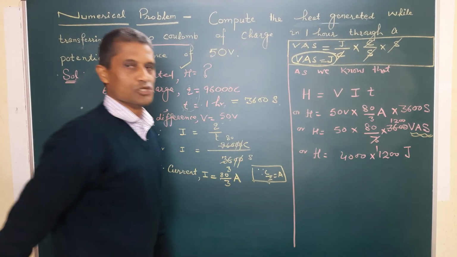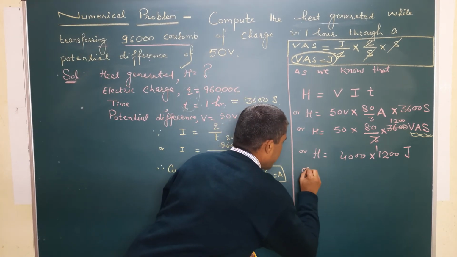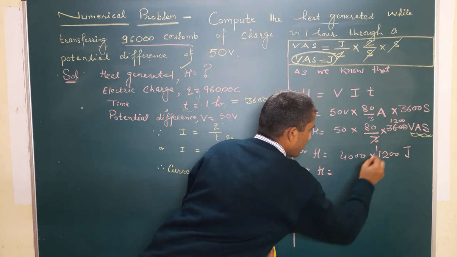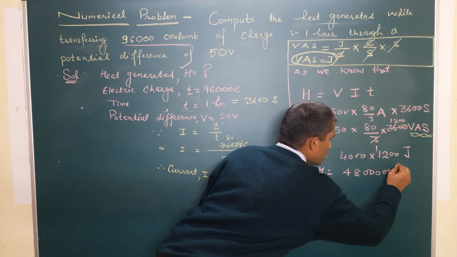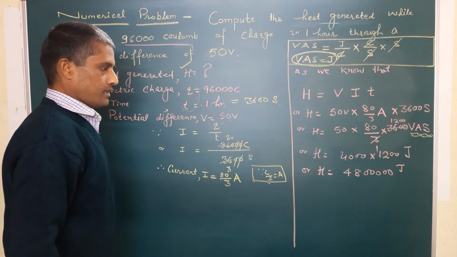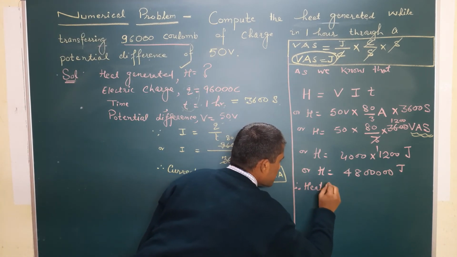Next, H is equal to 4,800,000 joules. Therefore, you can write it as heat generated.